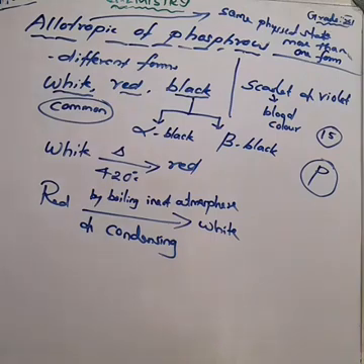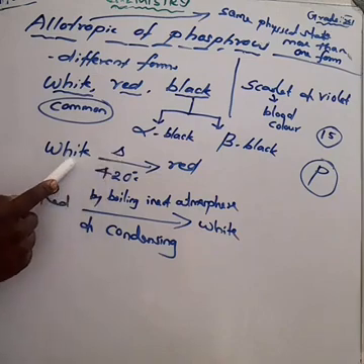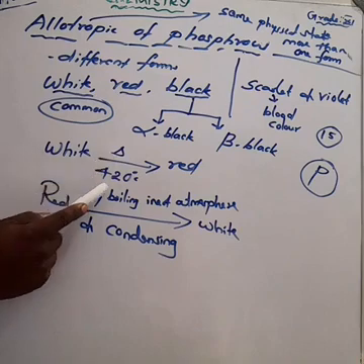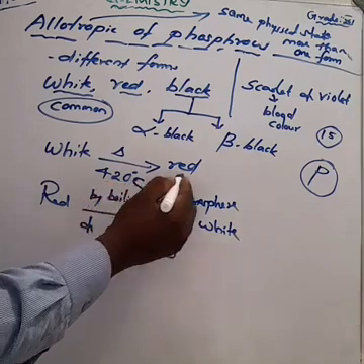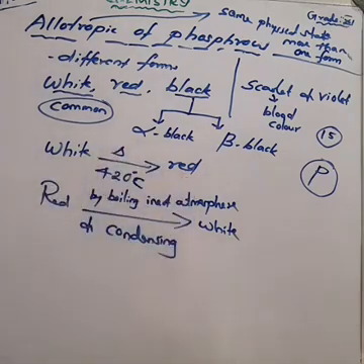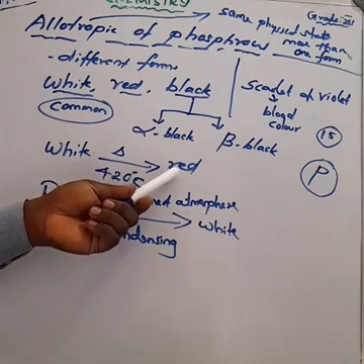Here, one very important point: suppose I am taking white phosphorus. This white phosphorus on heating at 420 degrees Celsius is converted into red phosphorus.